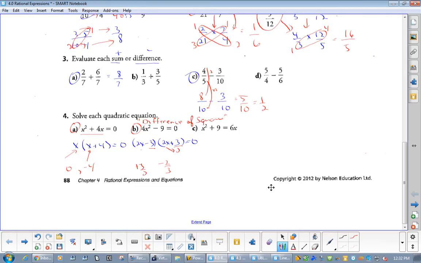Okay? Now, x squared plus 9 equals 6x. Now we've got to make this equal 0. See how a and b were equal 0? We're going to make that equal 0. So that would be x squared minus 6x plus 9 equals 0. Now, this is called a quadratic whenever you have x squared something x plus 9. And that's when you come up with two numbers that add to negative 6 and when you multiply equal positive 9.